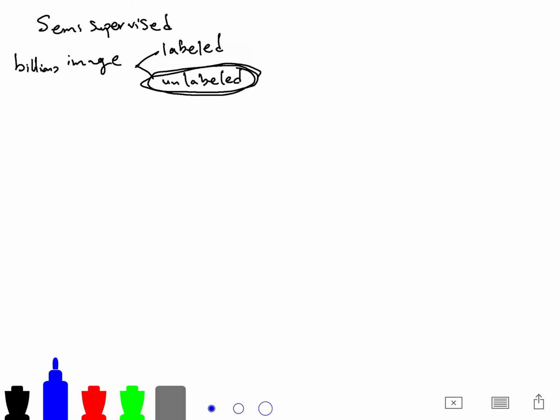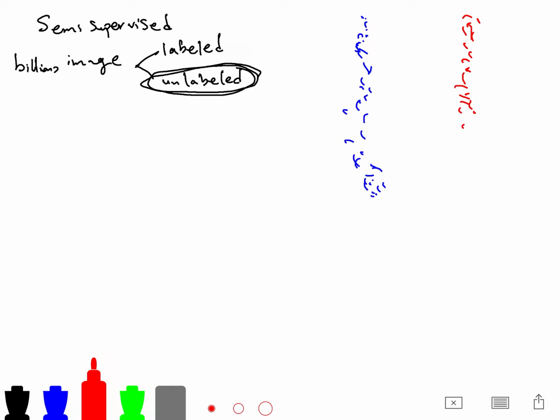So the old idea is the nearest neighbor classifier. For example, you have lots of data, and you want to use nearest neighbor. For example, you have some other data as well.